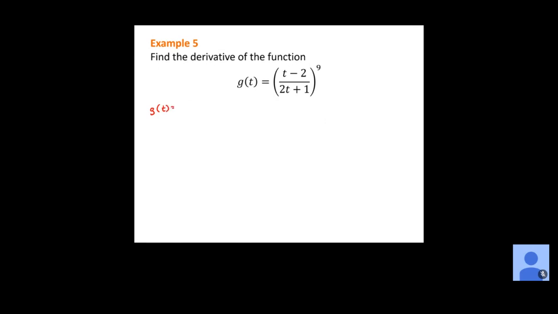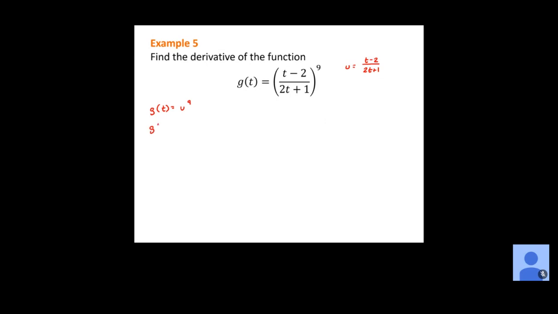So what are we going to let our u value be this time? Good. Everything in the parentheses, that entire fraction. So u equals t minus 2 over 2t plus 1. So now I can rewrite this as just u to the 9th power.